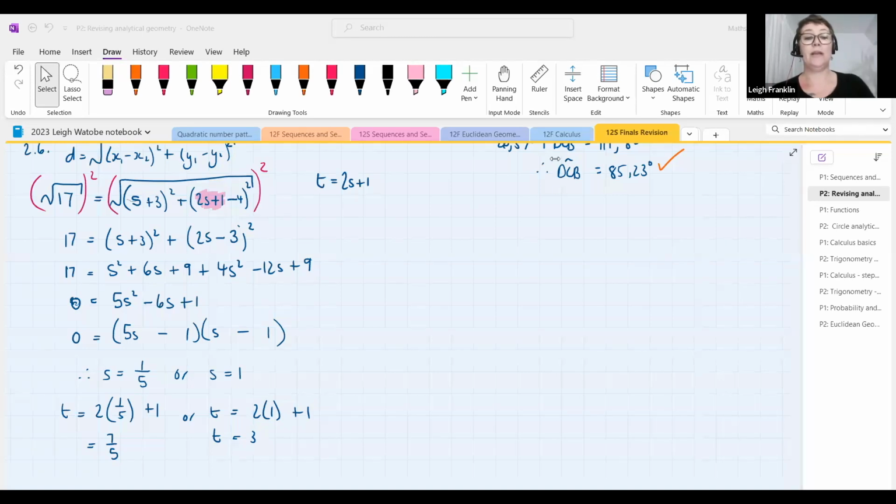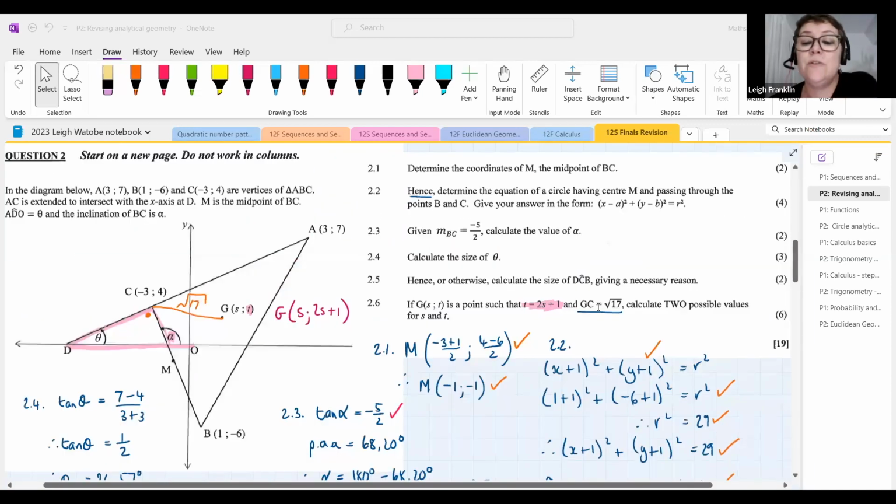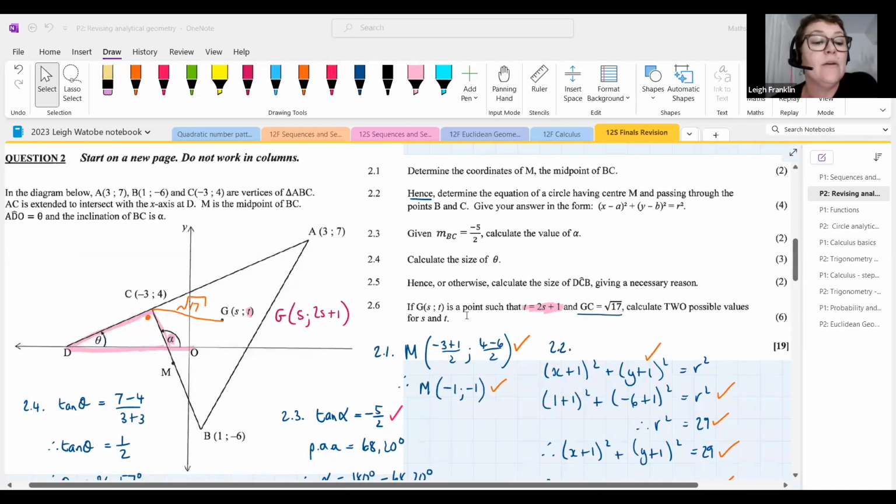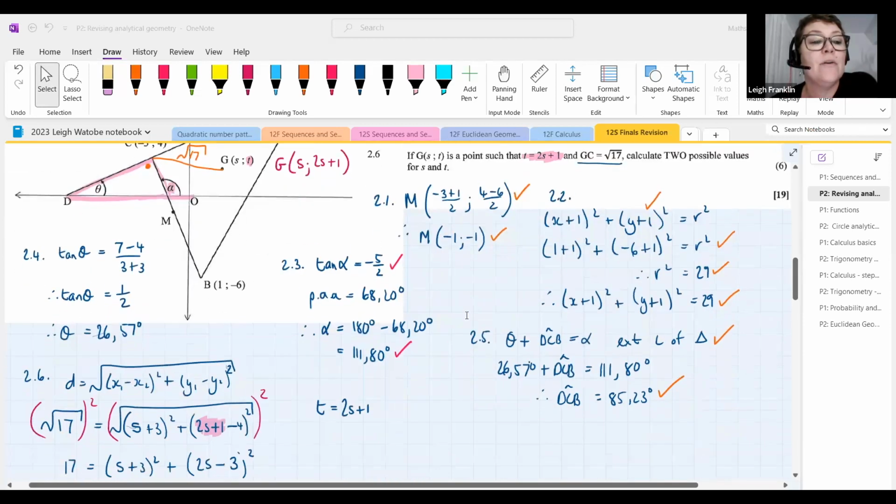Yeah, that is complicated, isn't it? Okay, but I mean, these are the sorts of solutions they're going to expect us to be able to do. No, so you can't, this has to be done algebraically. There's no other way of doing it. Okay, especially for something that's 6 marks.